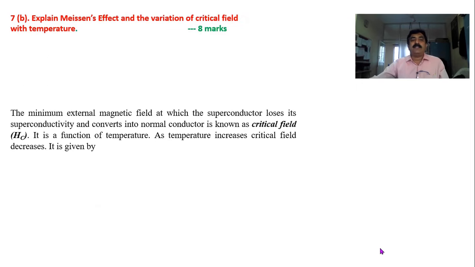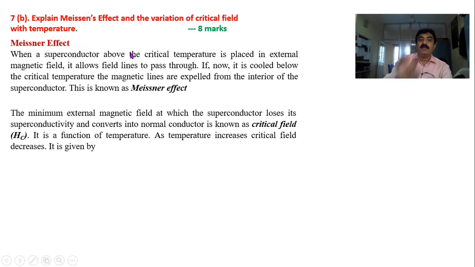Now explain the Meissner effect and variation of the critical field with the temperature. This is about superconductivity. First I will explain the Meissner effect. When a superconductor above the critical temperature is placed in the external magnetic field, it allows the field lines to pass through.